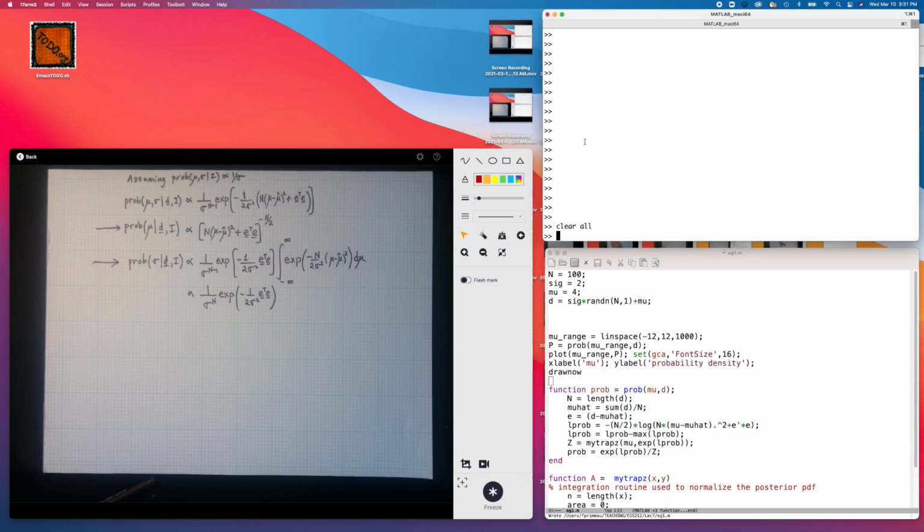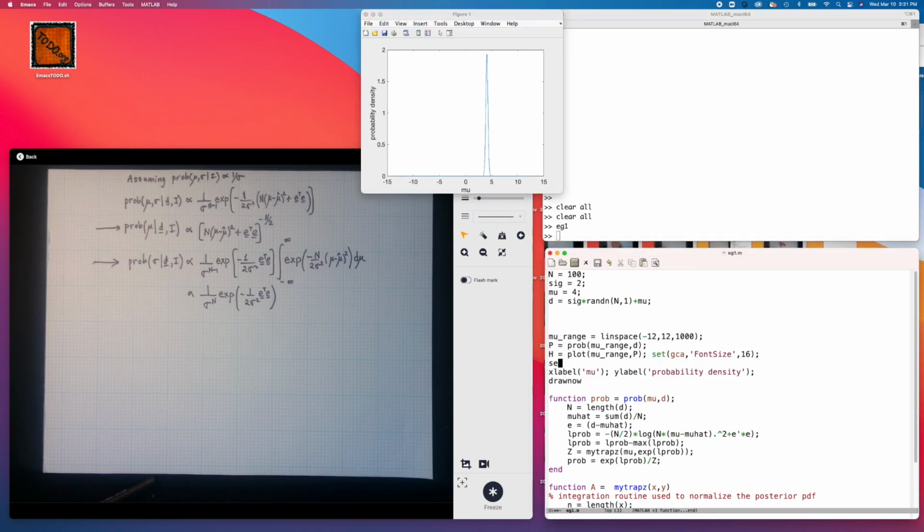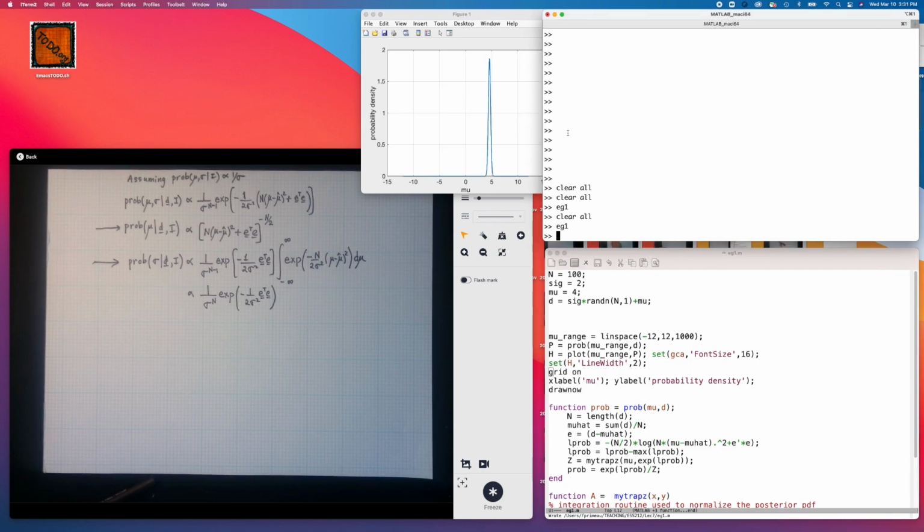All right, let's see if I've coded it right. All right, so that looks pretty nice. So the posterior appears to be peaked around the value of 4 very closely, and the error is pretty small. That's because n is quite big, it's 100.